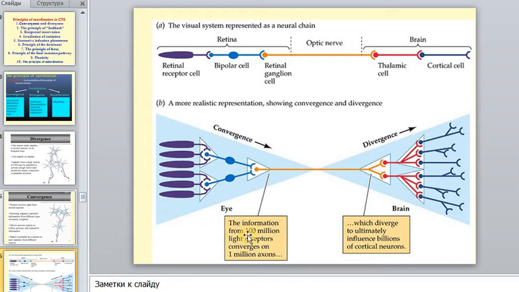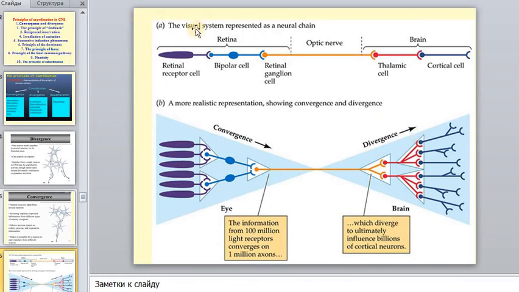information from 100 million light receptors of the eye converges on 1 million axons, and then, you see, convergence and divergence, which diverge to ultimately influence billions of cortical neurons in the cortex of the brain.